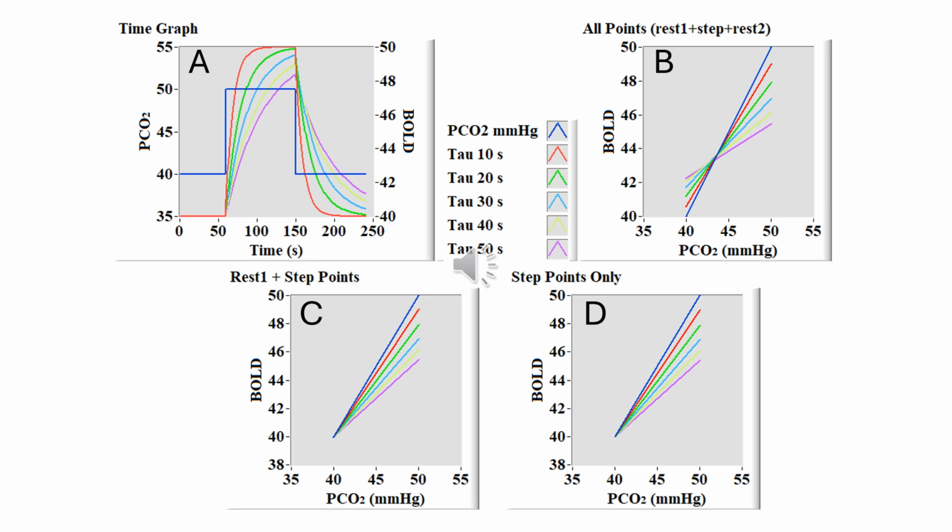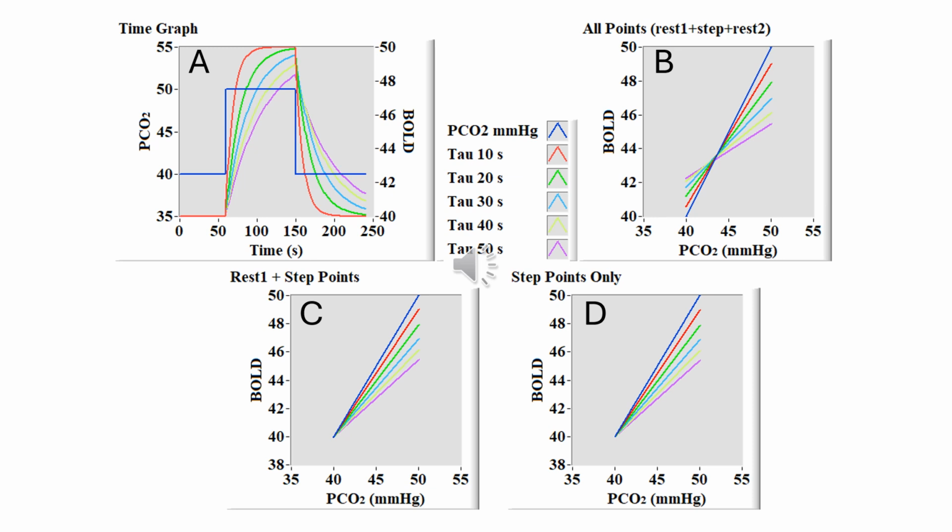The response graphs B, C, and D plot the fitted regression lines of BOLD versus CO2 responses and demonstrate that the CVR differs depending on the portion of the time graph chosen to fit. Graph B uses the complete time course from 0 to 250 seconds.